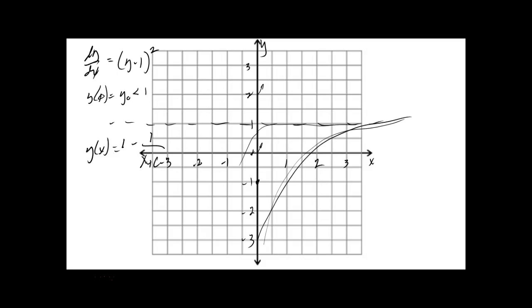Okay? So for the first case, where it's this one, it has to match here. y of 0, they just told us was equal to -1, and that's equal to 1 minus 1 over c.